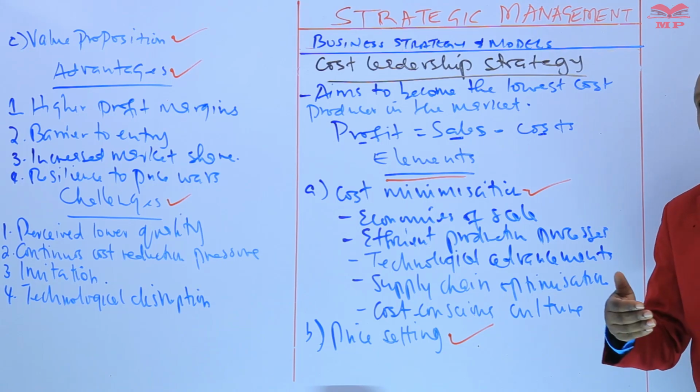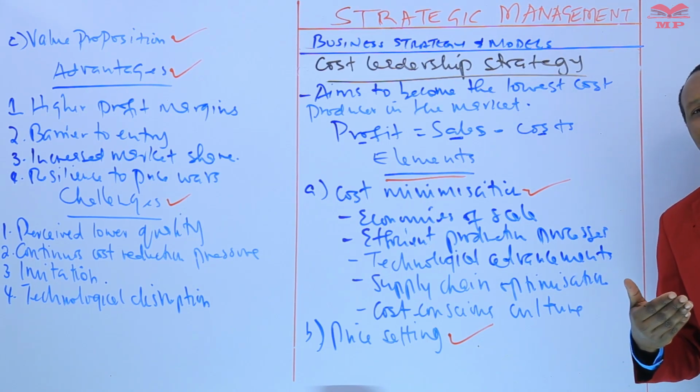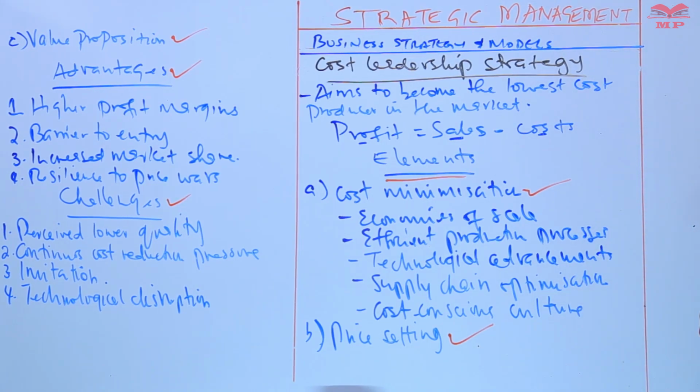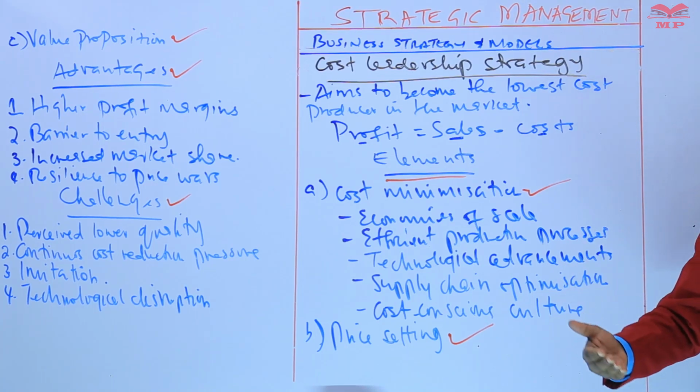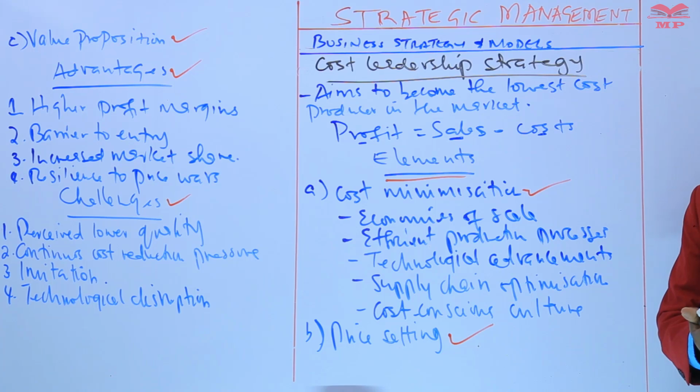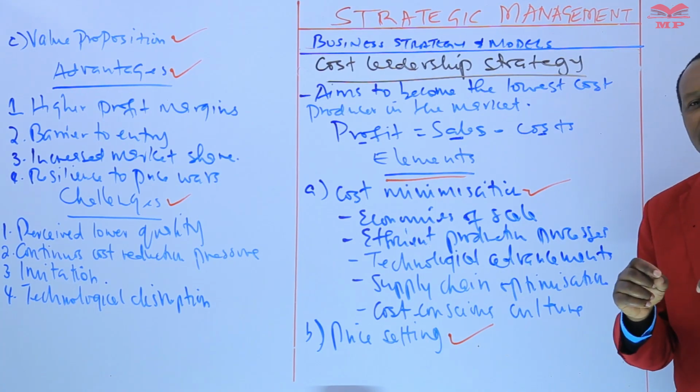Another company that has adopted this business strategy is Jambojet. Jambojet is a low-cost carrier which has revolutionized air travel in Kenya in the recent past by offering affordable tickets and eliminating what we call frills.